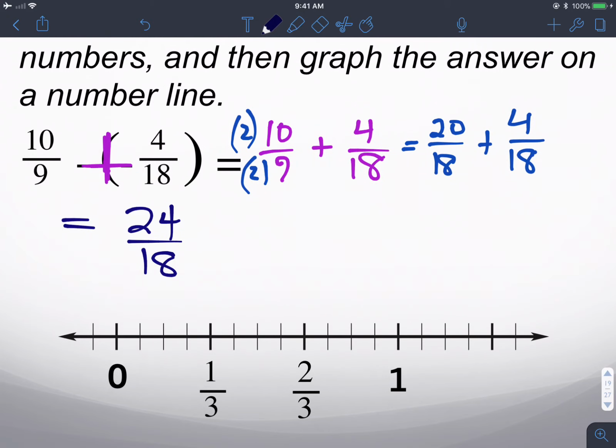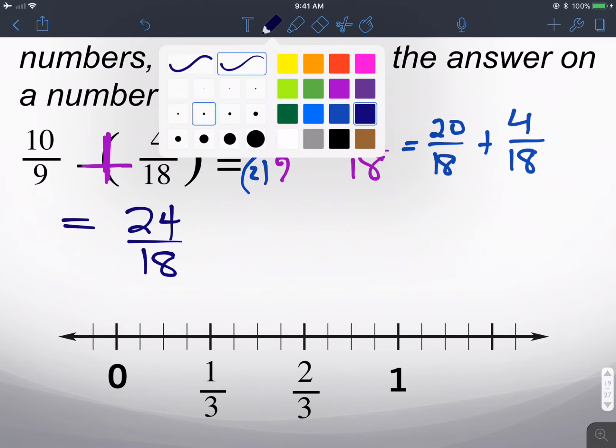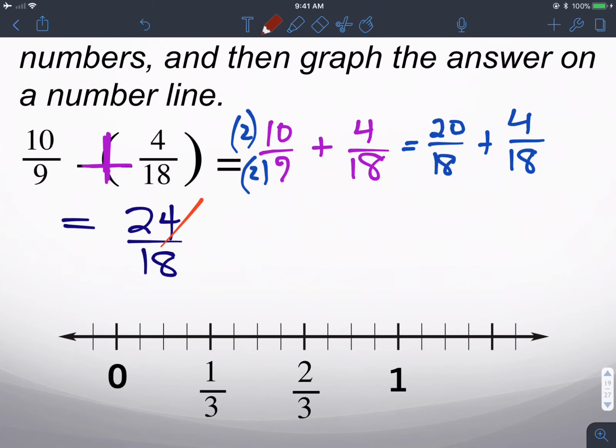It doesn't look very nice because that number line doesn't have any 18s on the bottom. So you got to reduce it. Let's see, divided by 6, right? So 24 divided by 6 is 4. And then 18 divided by 6 is 3. So 4/3. All right, where is 4/3 on that number line?